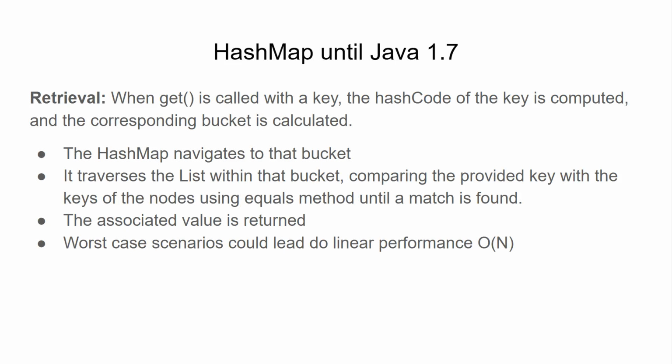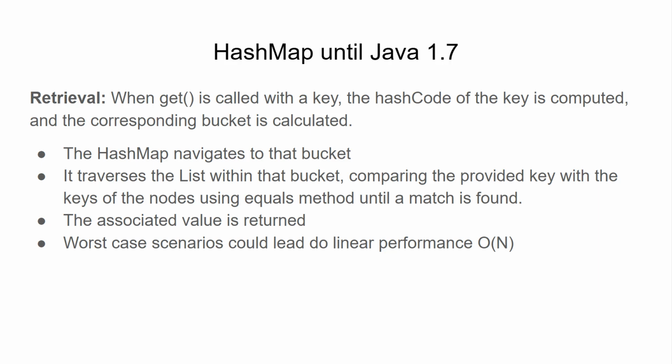Retrieval. When the get method is called with a key, of course, the hash code is computed and the corresponding bucket is calculated. The HashMap will navigate to that bucket and traverse the linked list within that bucket, comparing the provided key with the keys of the nodes using the equals method until a match is found.